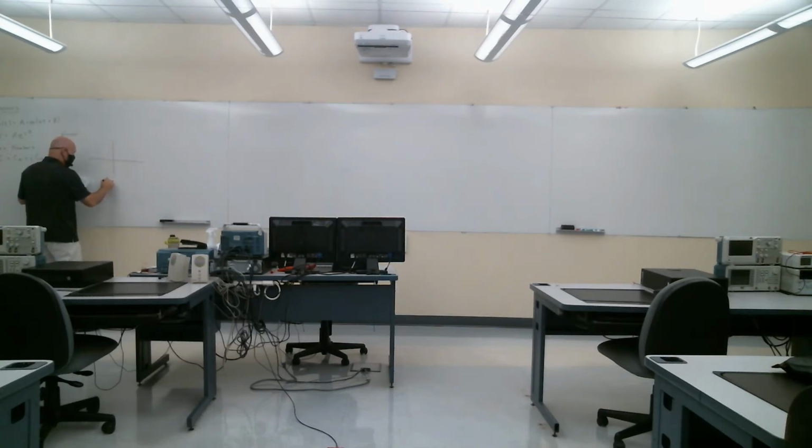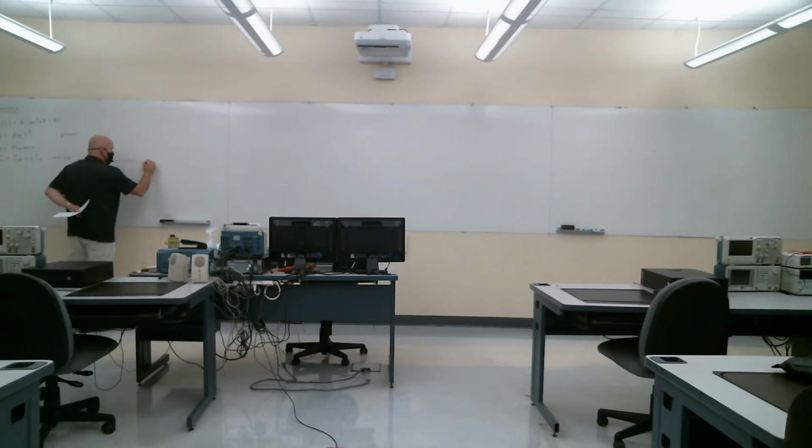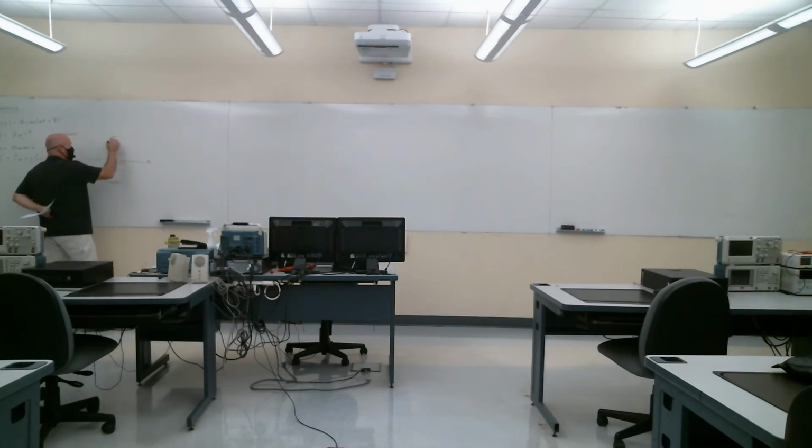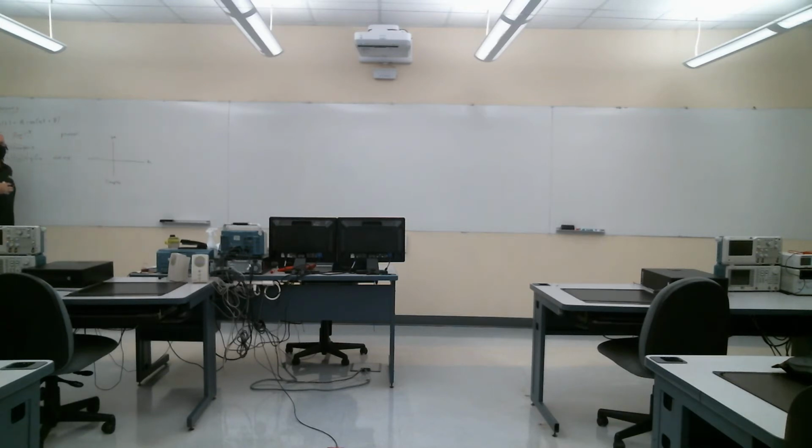So we can represent the point. It's got two components, what we call the real and imaginary components. So we can represent this complex number as a point on a plane, where the horizontal axis is what we call the real axis, and the vertical axis is the imaginary axis.